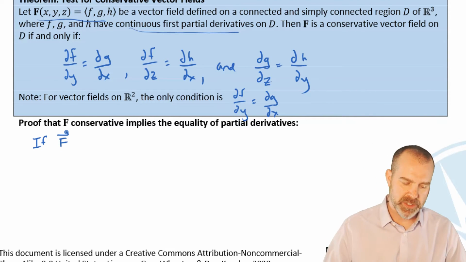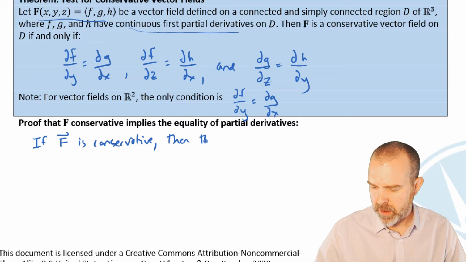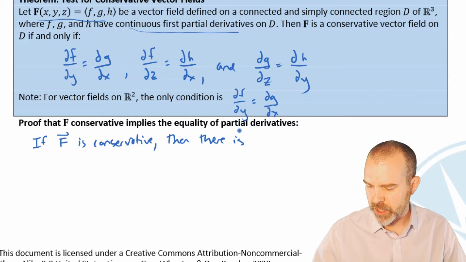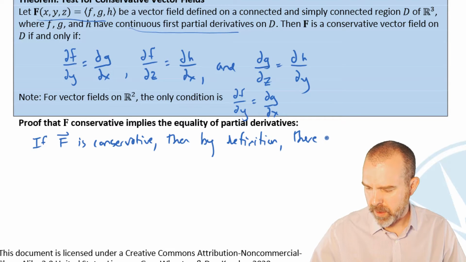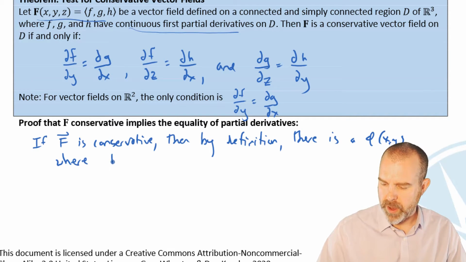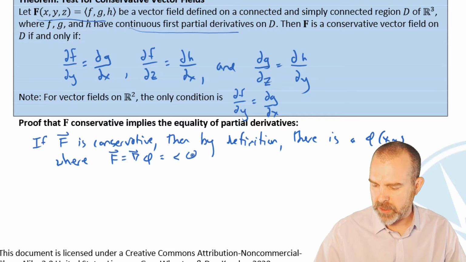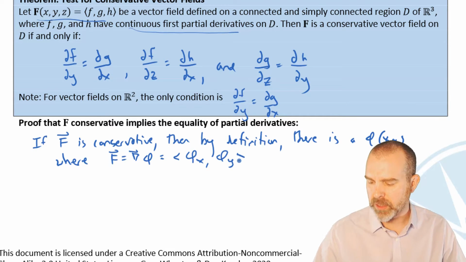If a vector field F is conservative, then by definition there is a function phi of x, y where F is equal to the gradient of phi. And we know the gradient is the partial derivative with respect to x and the partial derivative with respect to y.